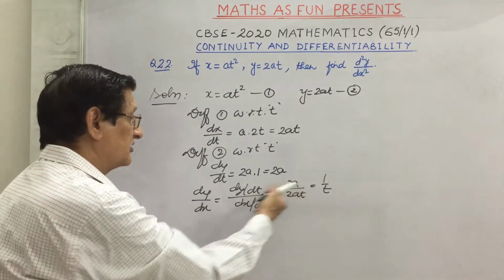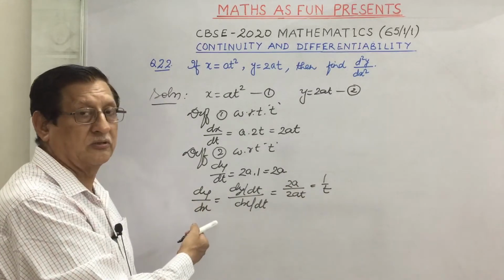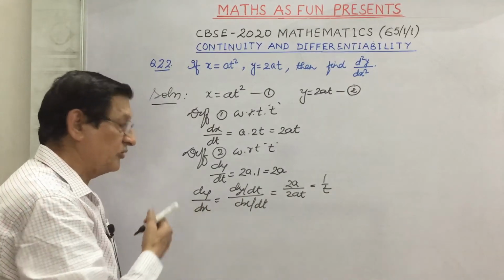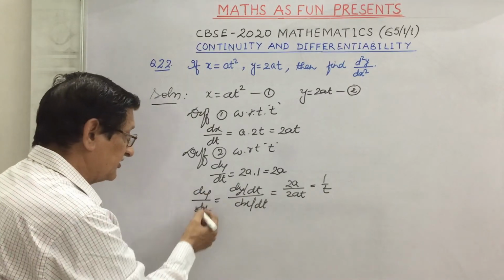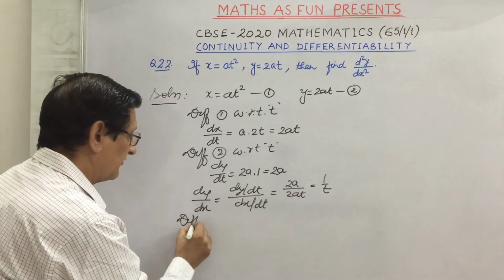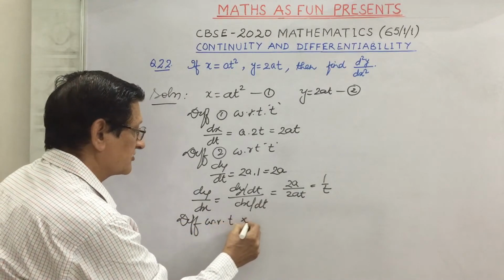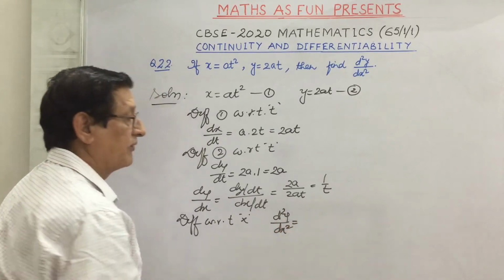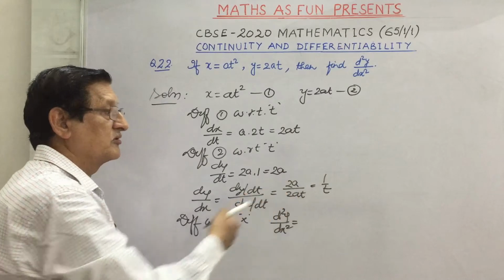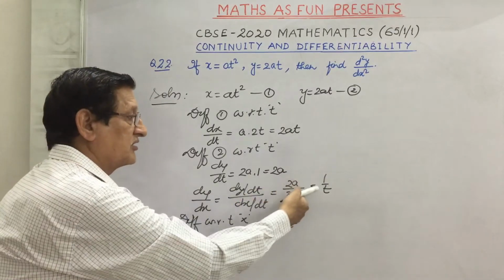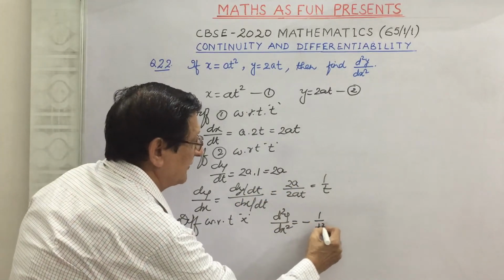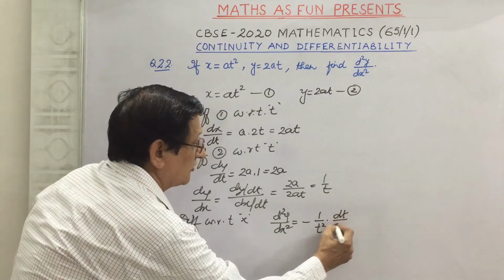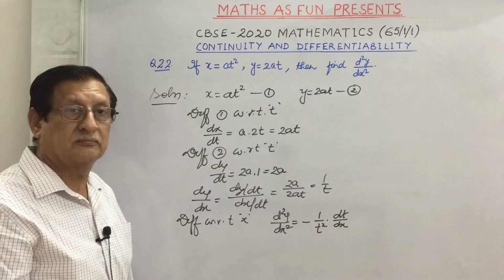Now we have to differentiate this dy by dx, but not with respect to t, we have to differentiate it with respect to x. So differentiating with respect to x, we will have d2y by dx square equal to, this is a function of t, so we will differentiate with respect to t, this is minus 1 upon t square, but we have to multiply dt by dx also in this, if you know the chain rule.